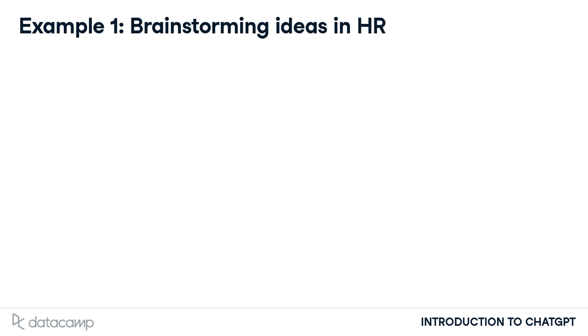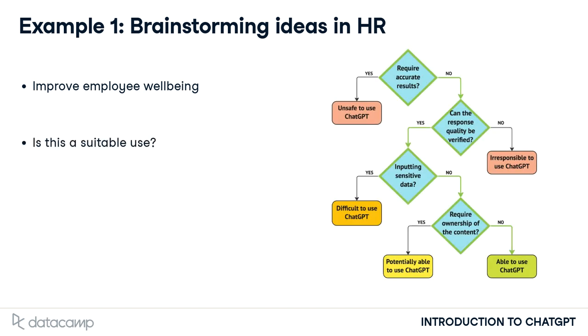Let's say we're an HR manager concerned with recent employee survey results, which have shown a decrease in overall employee happiness. We'd like to brainstorm ideas for improving employee well-being and ask ChatGPT for suggestions. Is this a suitable use case? As we're only looking for suggestions, we don't require a high degree of correctness in the results.